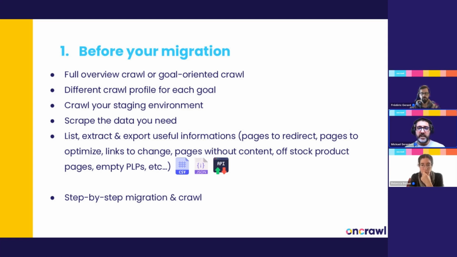Then you can export the data as CSV or JSON, or you can also use our API to do it at scale. At each step of the migration, you will probably need to run a crawl to check whether you achieve your different goals, yes or no, and if no, what needs to be changed.